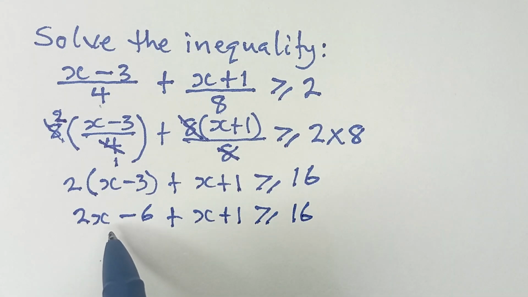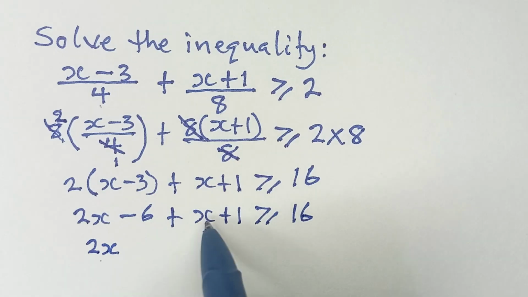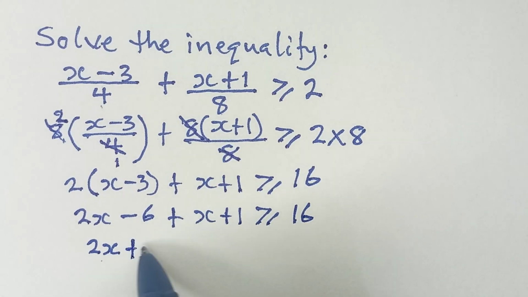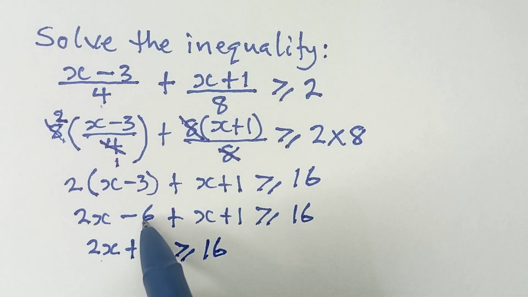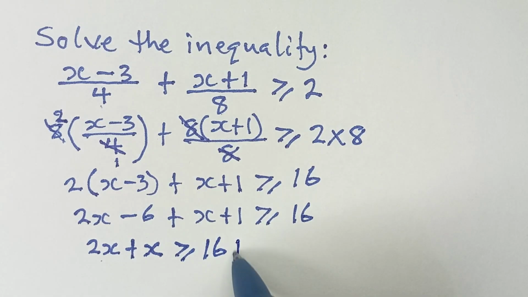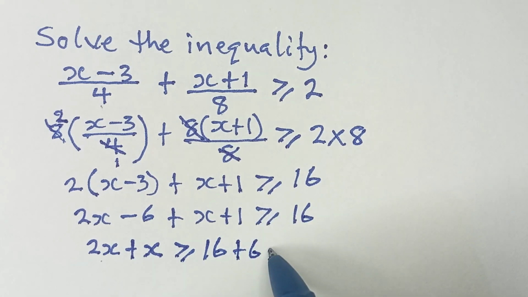So if I collect terms in x, I have 2x here, and then this is positive x. I bring them together, and that will be greater than or equal to 16 on the right hand side already. This negative 6 goes to that side, becomes positive 6, and this 1 here, when it goes to the right hand side, becomes negative 1.